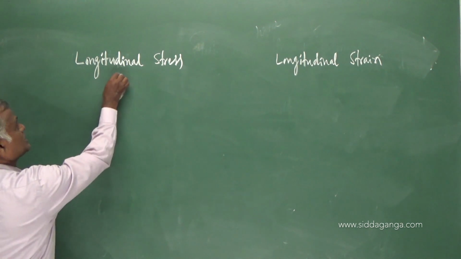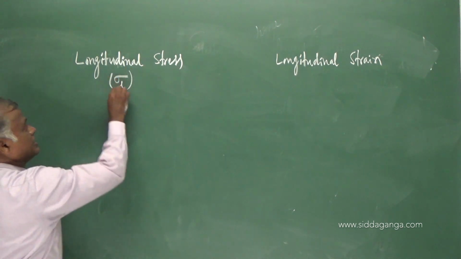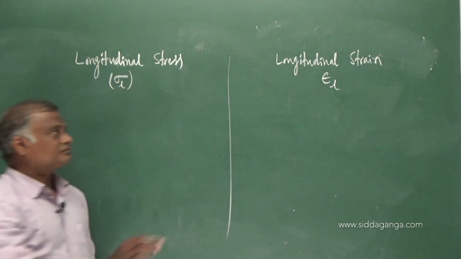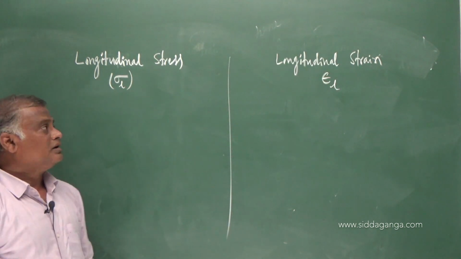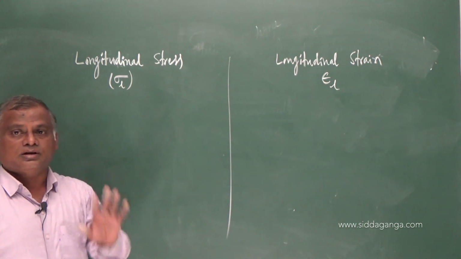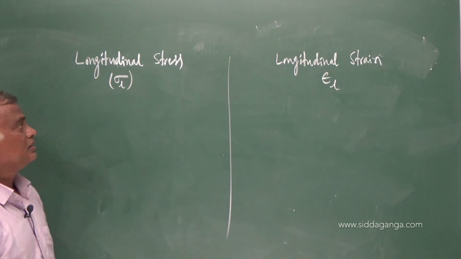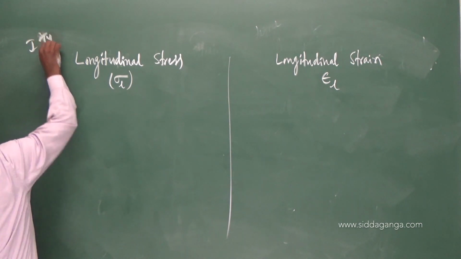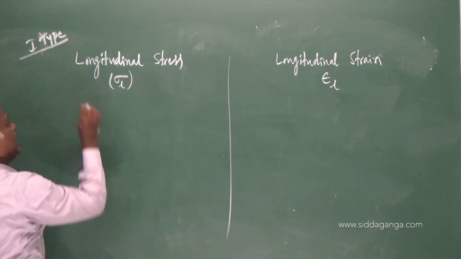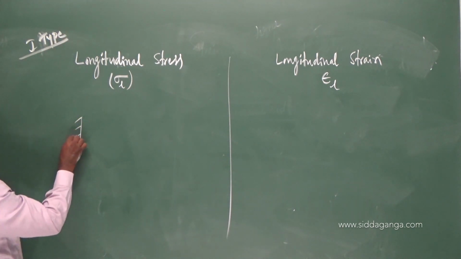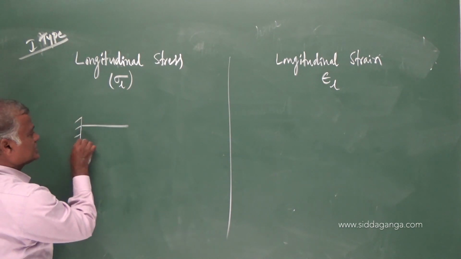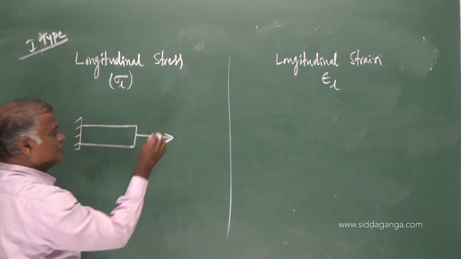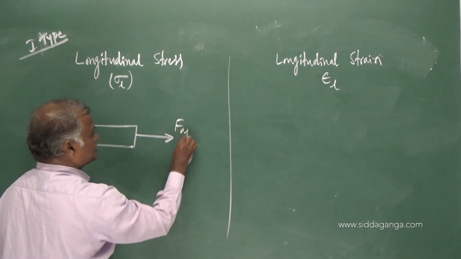We write this as sigma L. Here we write epsilon L. First type of stress. Say I have a steel rod as we studied earlier. I am applying this force. This is the applied force.